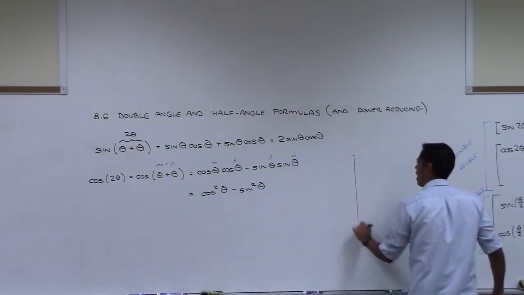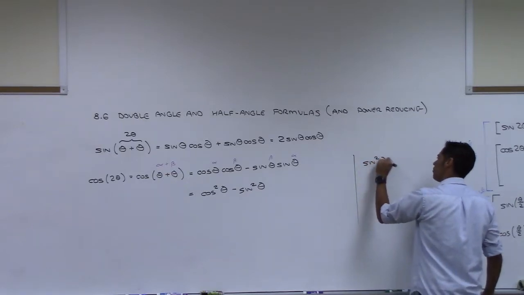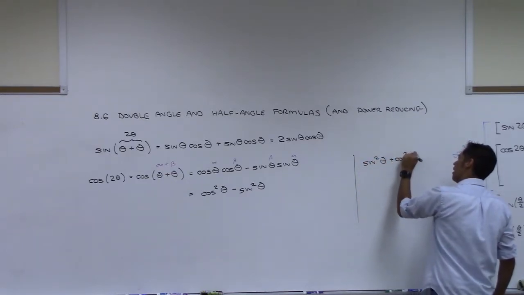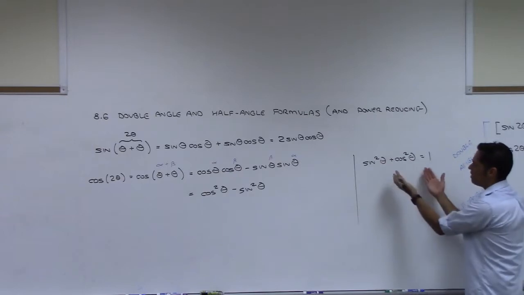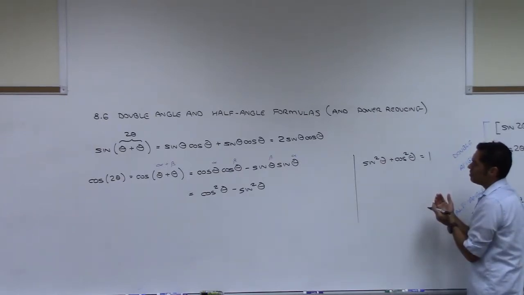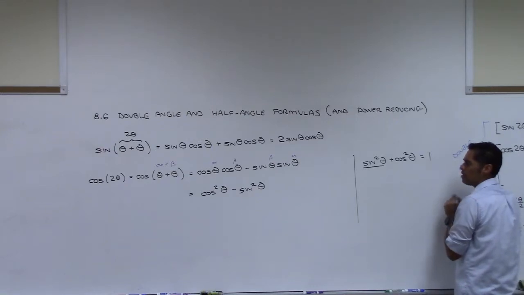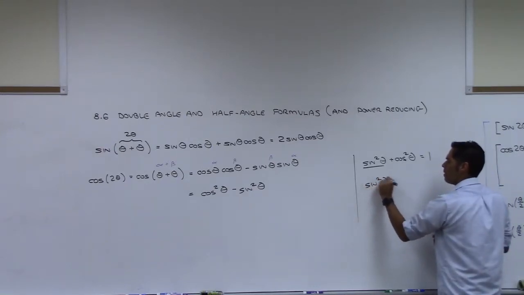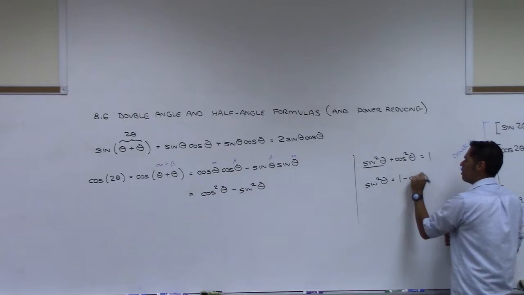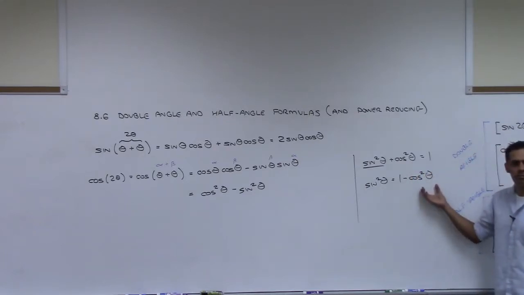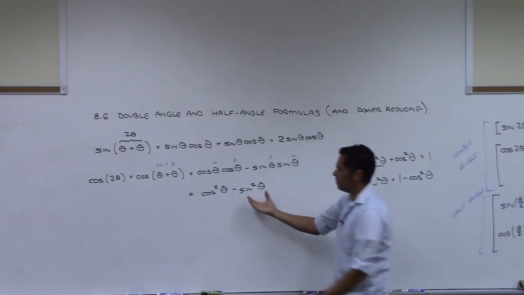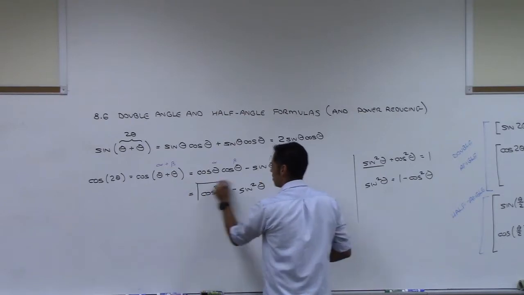If you go to the very important Pythagorean identity, I can solve this for sine squared, couldn't I? If I solve that for sine squared, I get 1 minus cosine squared, don't I? Like that. So imagine coming over here and taking this, I'm going to box this because this is the answer.